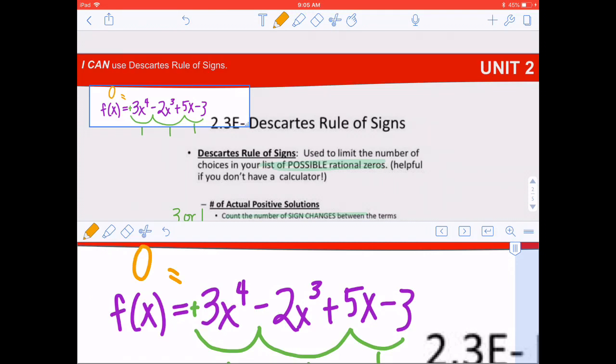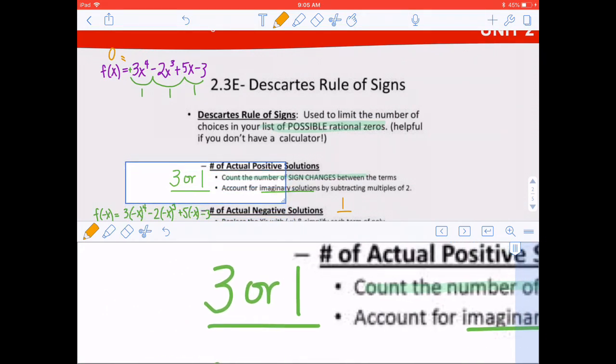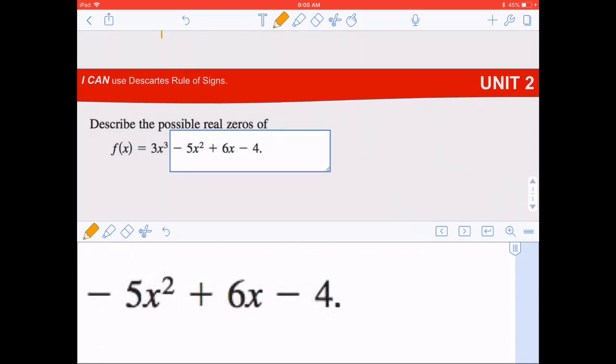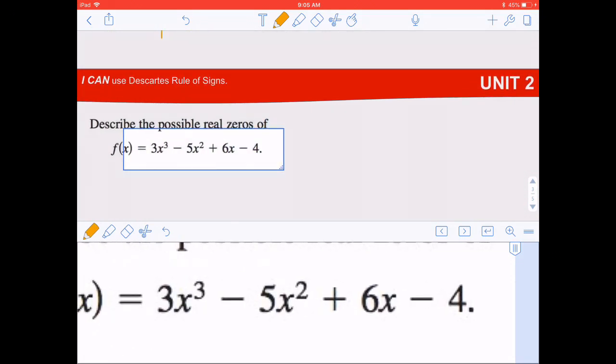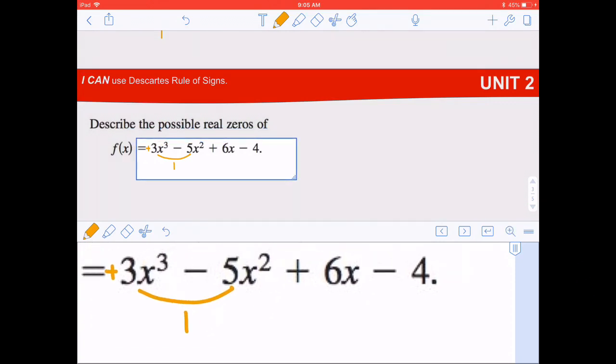We're going to know that there's going to be a total of this many positive solutions or that many negative solutions. So we'll do another example here. To check the positive solutions, we're going to see the sign changes. So it goes from positive to negative, so that's 1. Negative to positive is another 1.